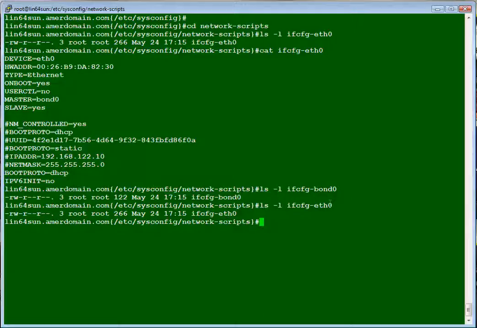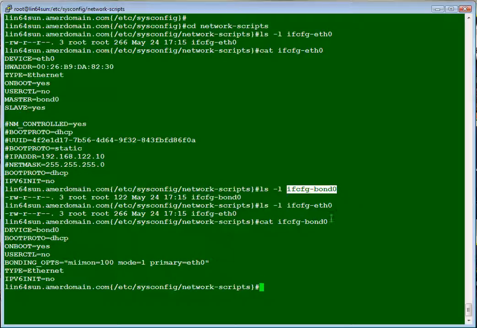In this bond configuration file, we mention everything, including the IP address.